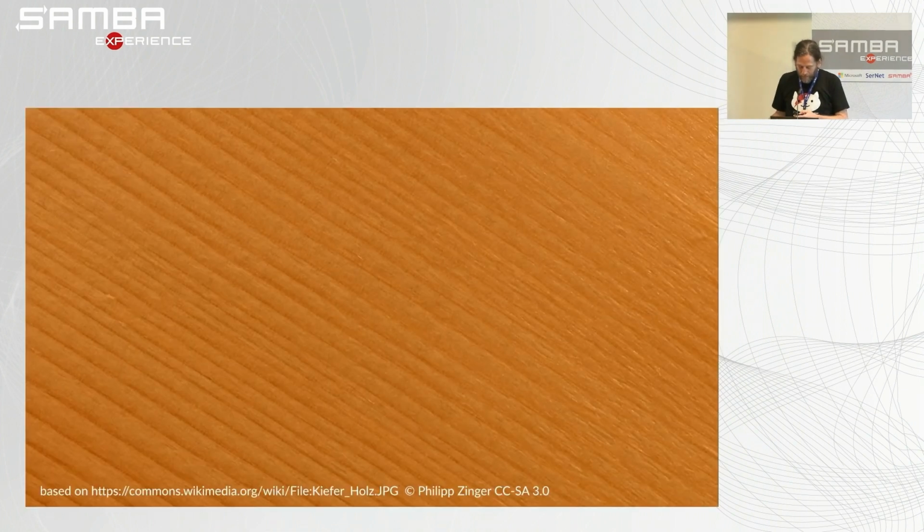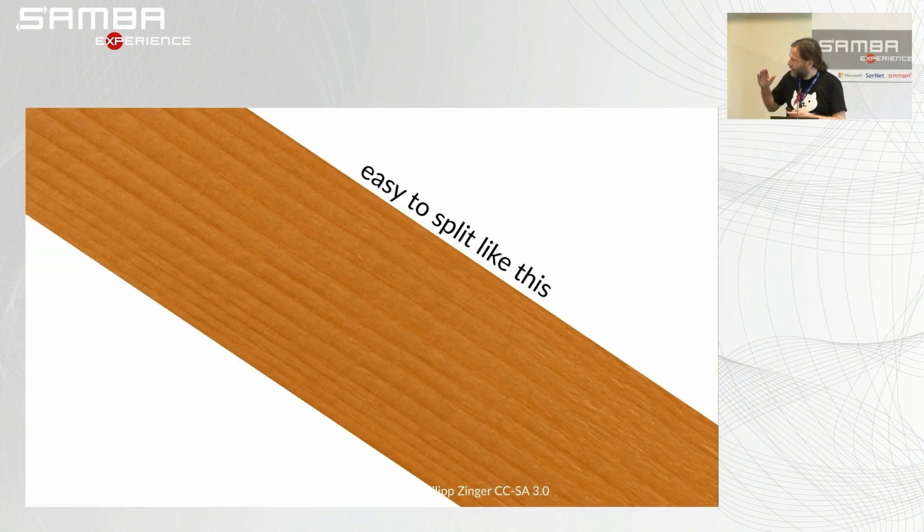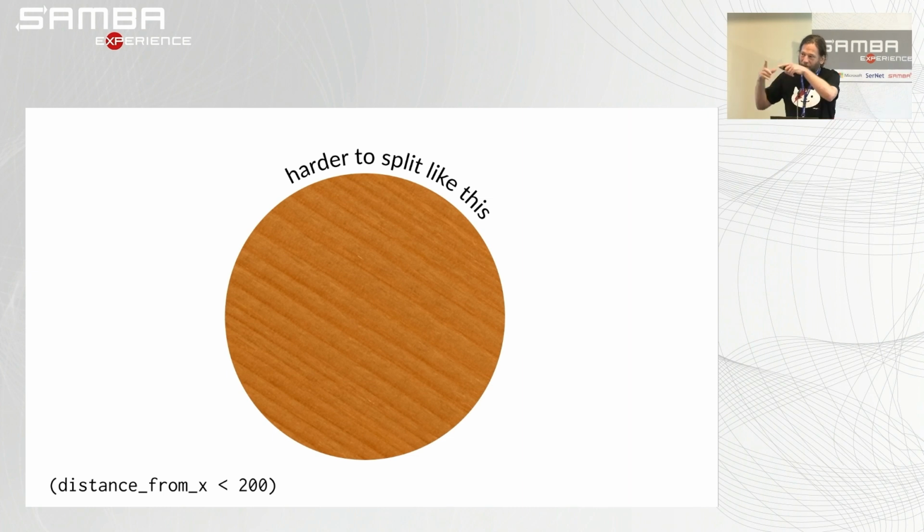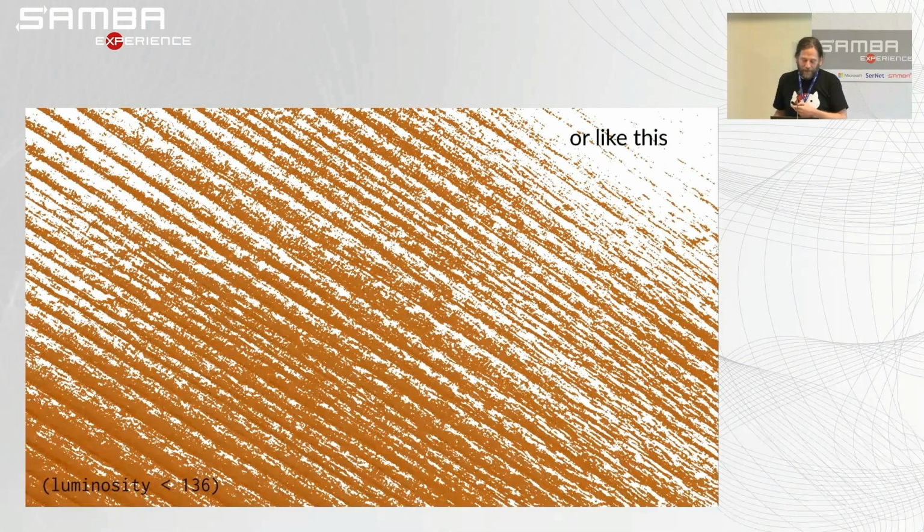But the grain is grain, so it's easy to split grain like this. If you're trying to split things in a different way, like things that are close to the centre, or things that have a certain luminosity in the grain, you can't really do that so easily with ordinary aces. Or you can make new groups, but then say you wanted to allow a slightly darker colour, whatever it is.